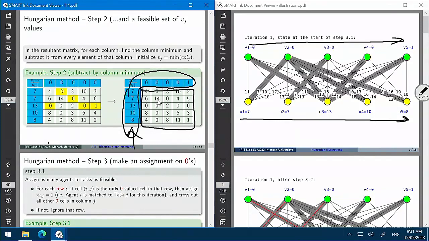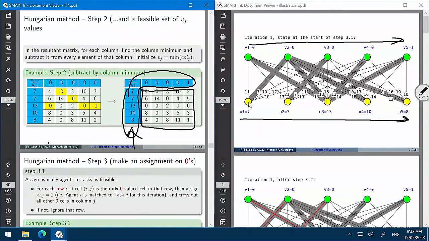If you think of this problem as a graph problem, all the rows are associated with yellow and all the columns are associated with green. What you see is a complete bipartite graph. Every vertex is connected to every vertex on the other side. Some of the edges are highlighted, some are not.